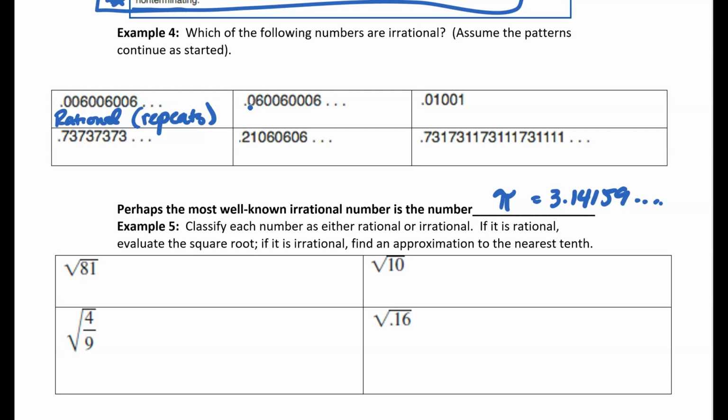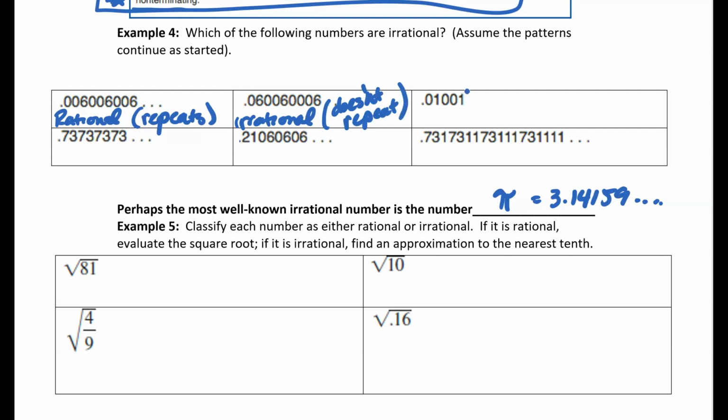For example, if it was 0, 6, 0, 6, 0, 6, 0, 6, you'd consider that a repetition. But this is changing. It goes from 0, 6 to 0, 0, 6 to 0, 0, 0, 6. So this one you're going to say is irrational, because it doesn't repeat the exact same digits.